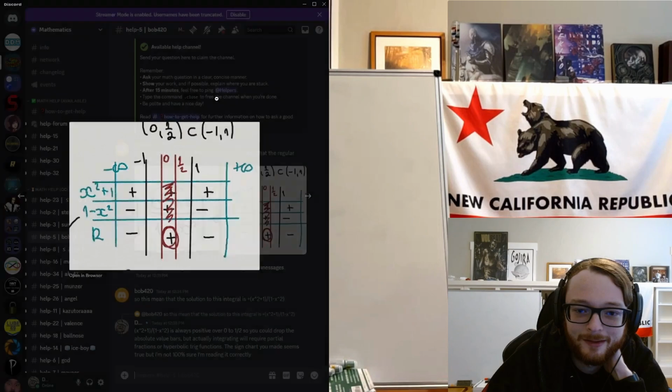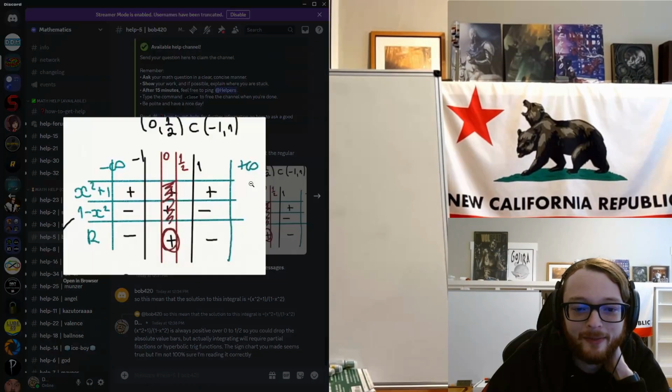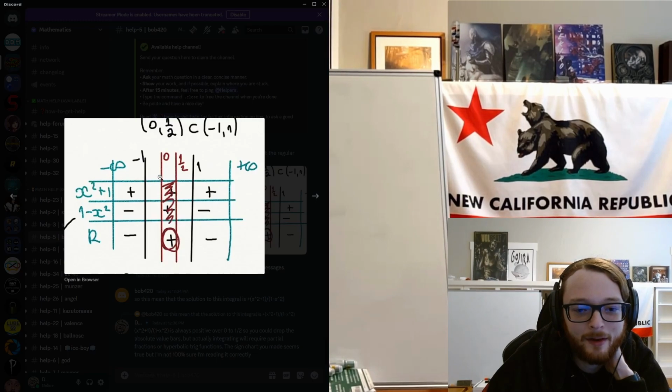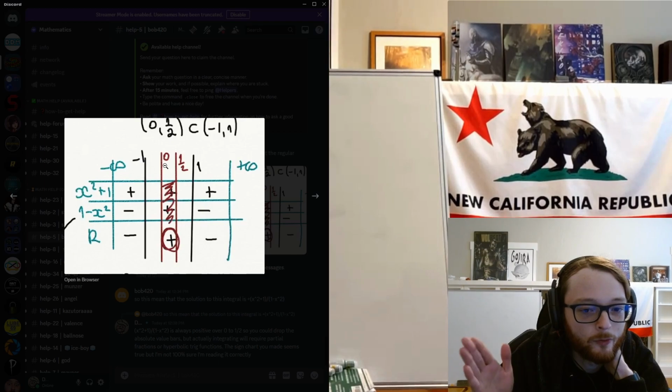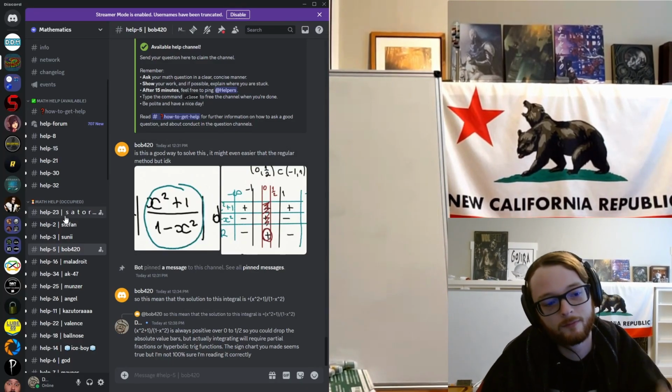That's a very... Yeah, you're... Okay, yeah, they probably are told to make sign charts like this because you have to split it up into multiple integrals. Like if it changes from positive to negative partway through the interval. In this case, we're safe though. Okay. I guess that's the potential utility of making a chart like that.